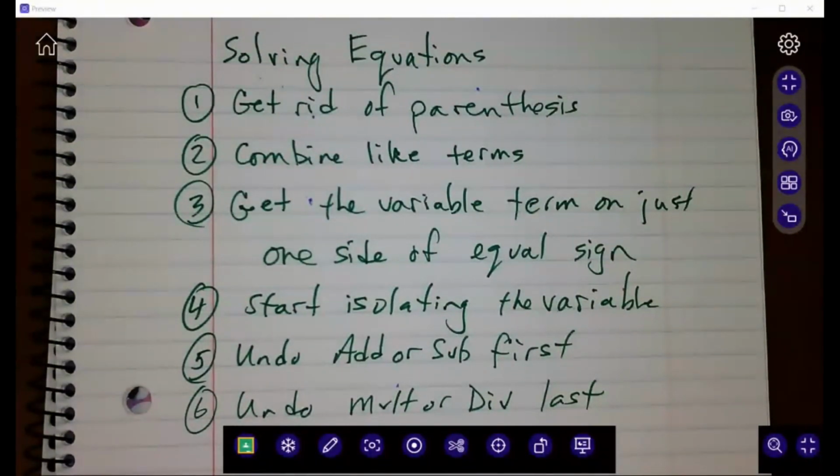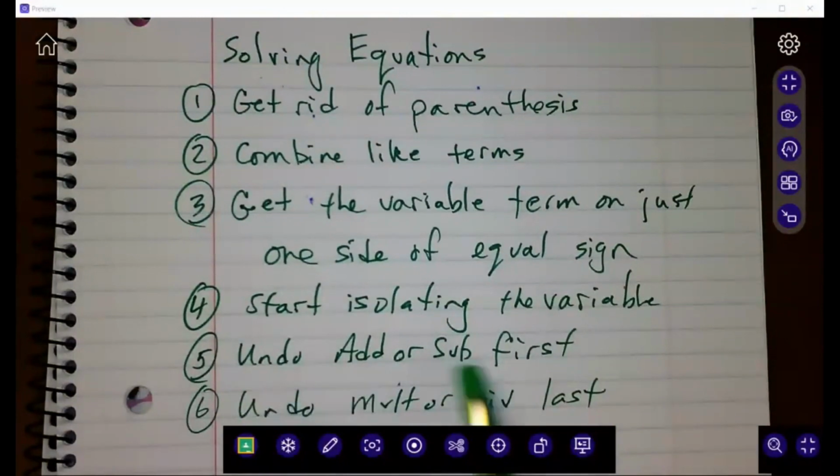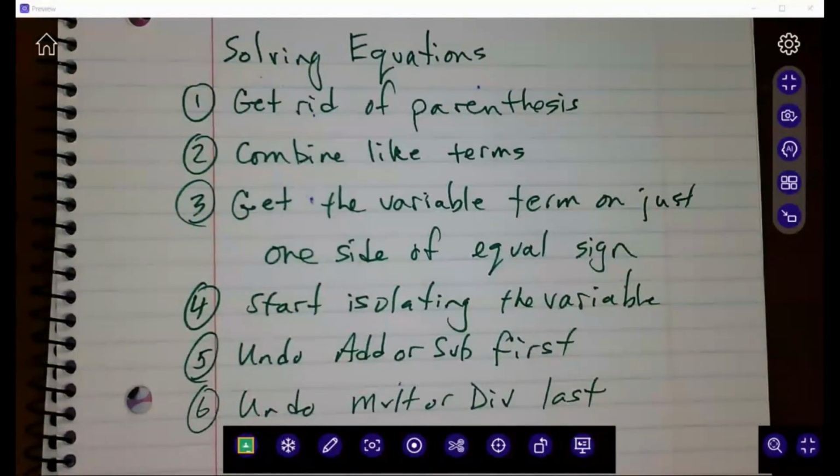Once we do that, we end up with an equation where there's one variable term on one side or the other, and everything else is a constant. Then we start isolating the variable by undoing addition or subtraction first, and then multiplication or division last.